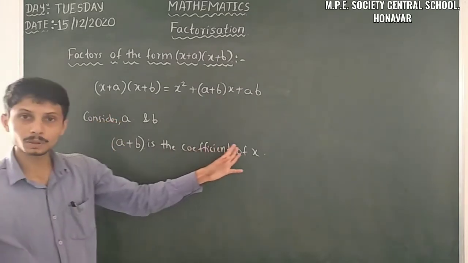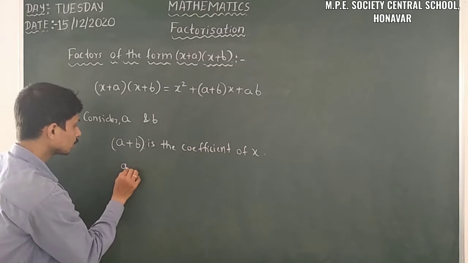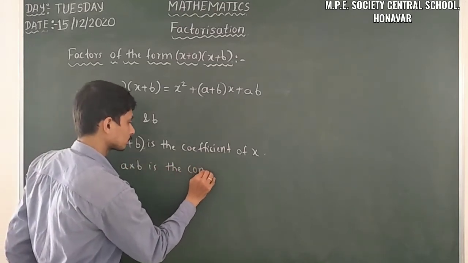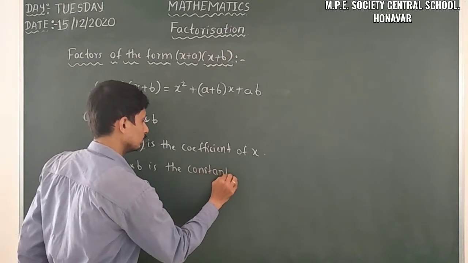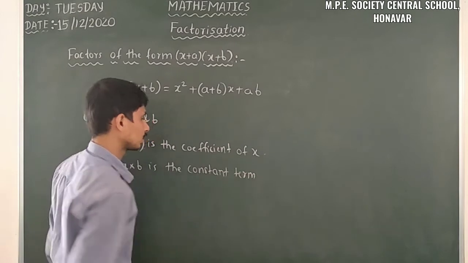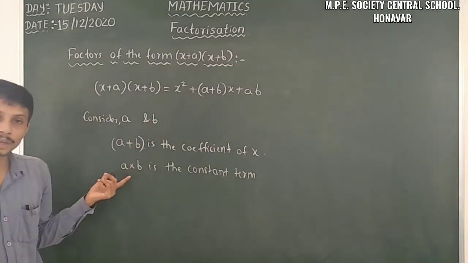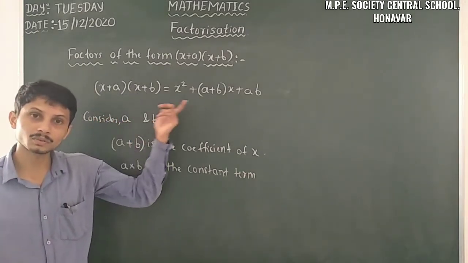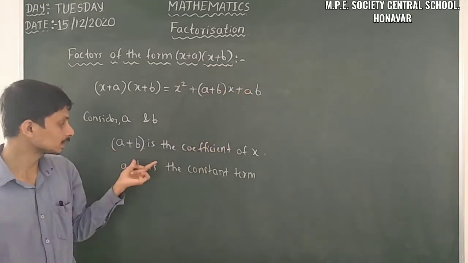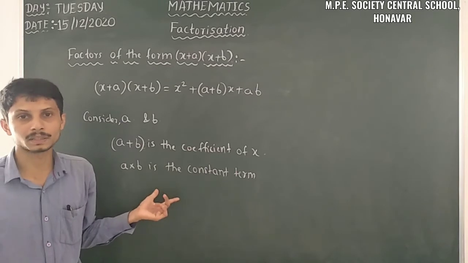So a plus b is the coefficient of x here, and a into b is the constant term. So whatever coefficient of x and constant term we have must be a plus b and a into b.